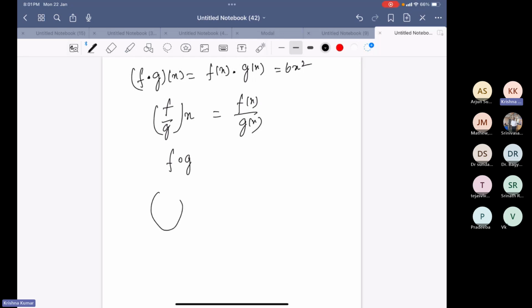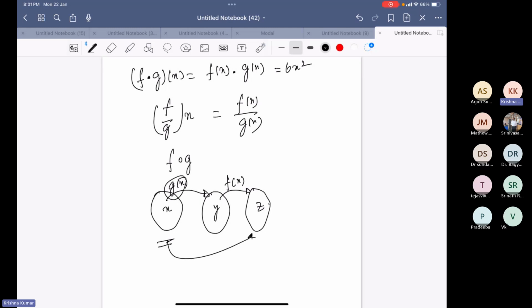It means that if I have this domain x, then I can use a function g to go from x to say y. So g of x is the function I use to get y. Then I can use on y another function, which I define as f, in order to go to z. So I am going from x to z by using two functions, f and g.